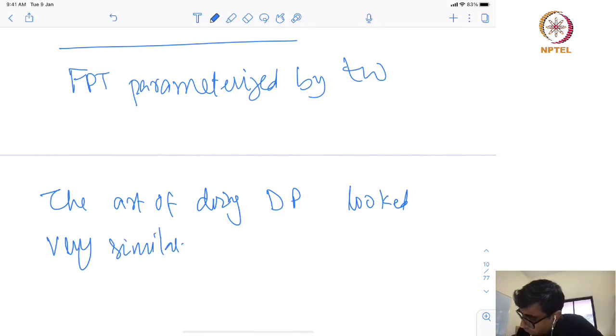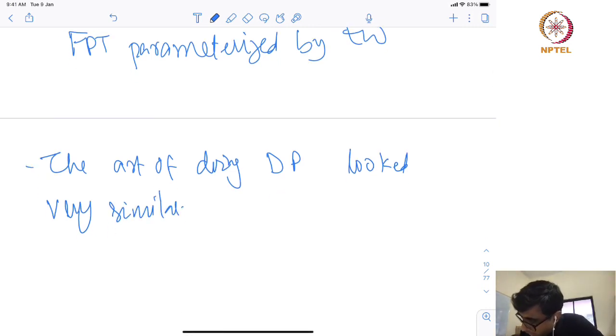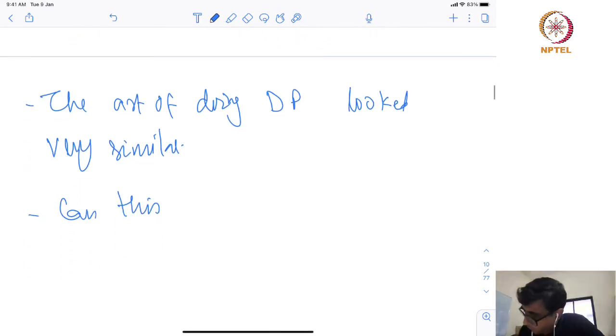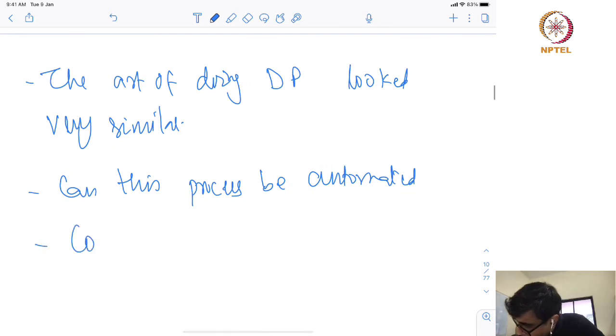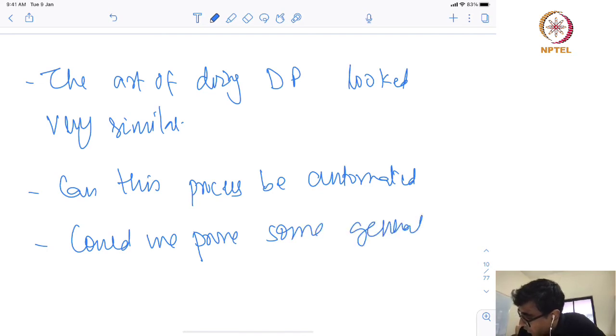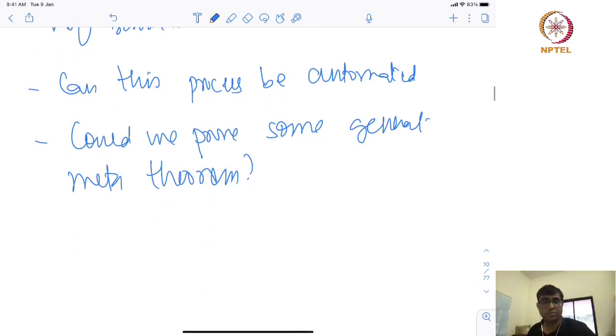So, a natural question was, can this process be automated? Could we prove some general meta theorem, right? And what I mean by could we prove some general meta theorem?